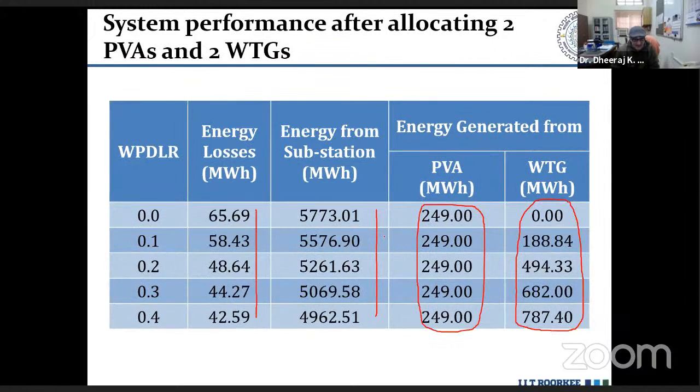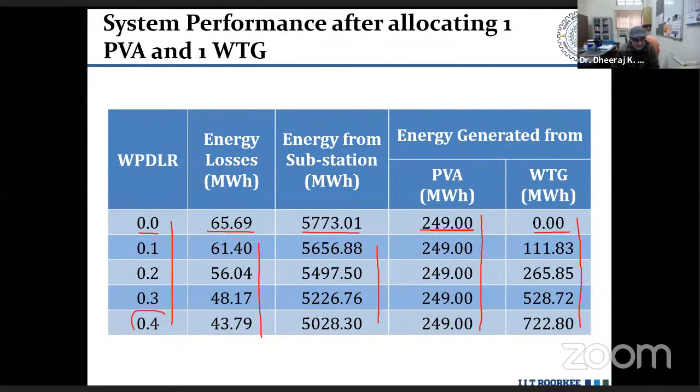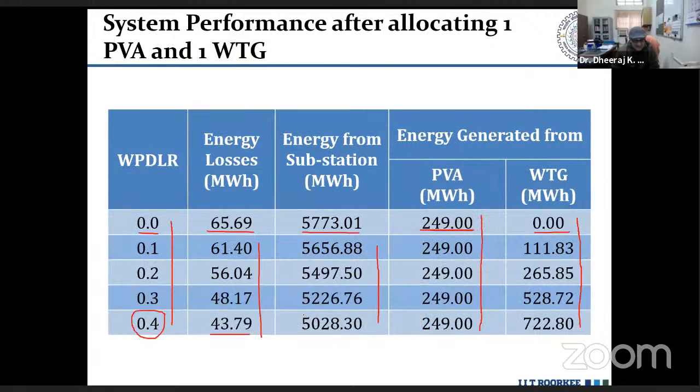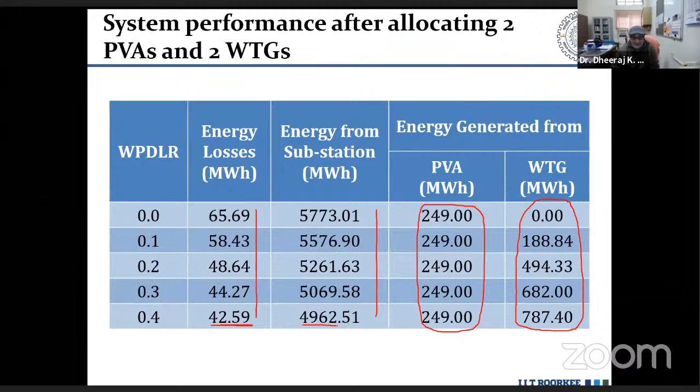Now if we compare these two cases, for this particular value 0.4, here it is 43.79, but here it is 42.59, and 5028, 4962.